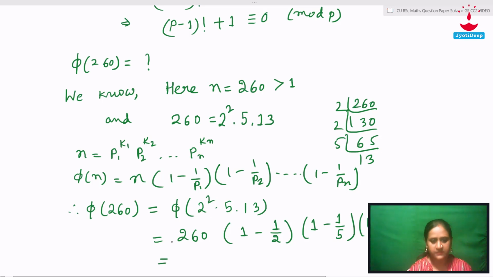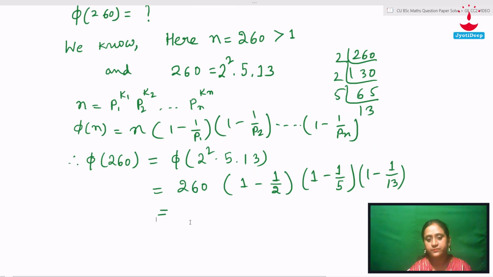So this is equal to 260 into 1 minus half, which is half. 1 minus 1 by 5, that is 5 minus 1, that is 4 by 5, into 13 minus 1, that is 12 by 13.